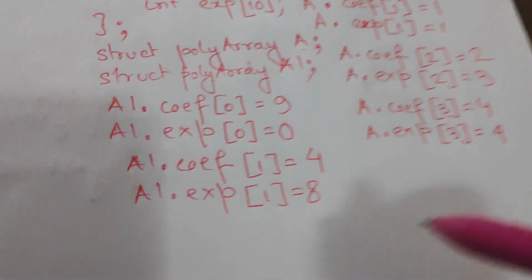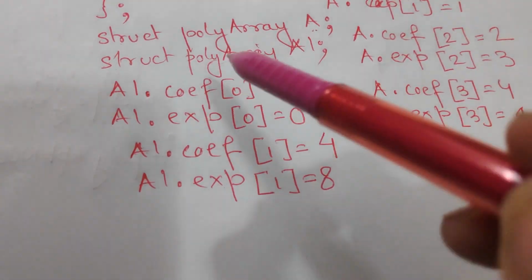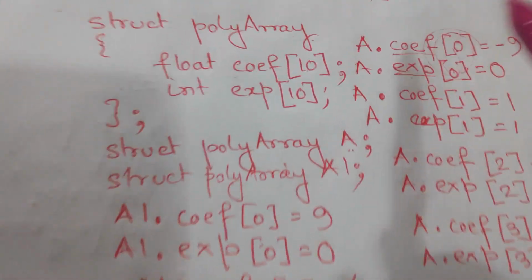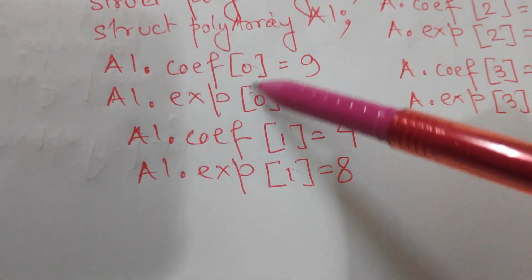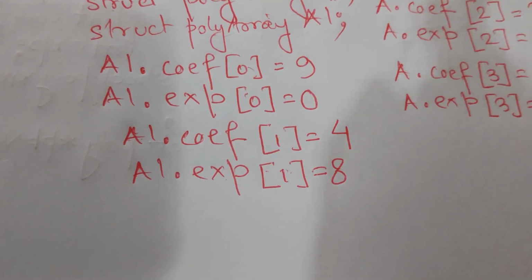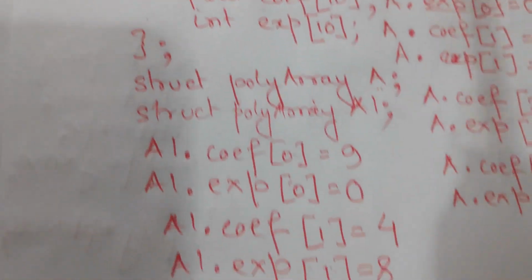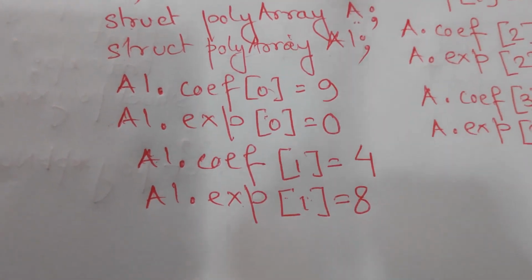Right? Now you see there are only 2 terms and only 2 indices of the 10 indices of the array have been used. The remaining 8 indices of the array that we have already taken are not used.